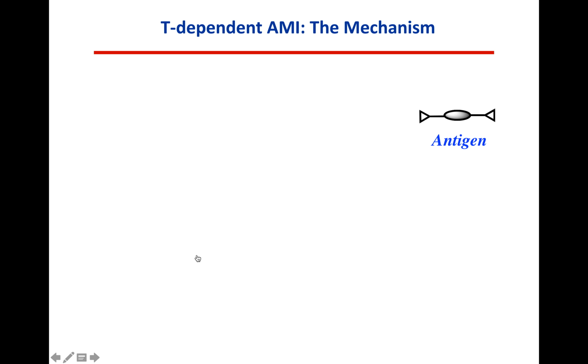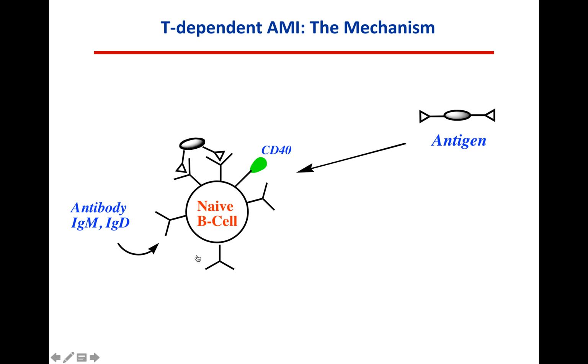Now remember we talked about a B cell interacting directly with the antigen through the antigenic determinant. Antigens interact through the antigenic determinant with B cells that express largely IgM on their surface.